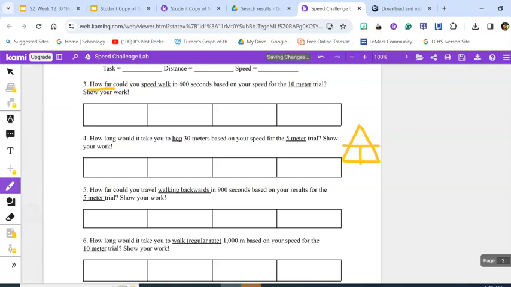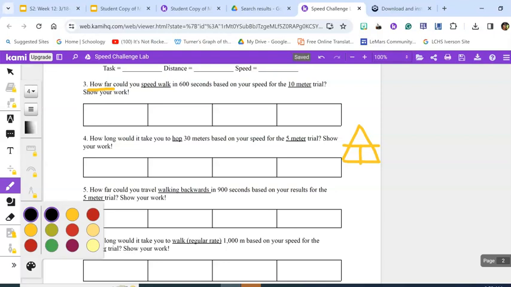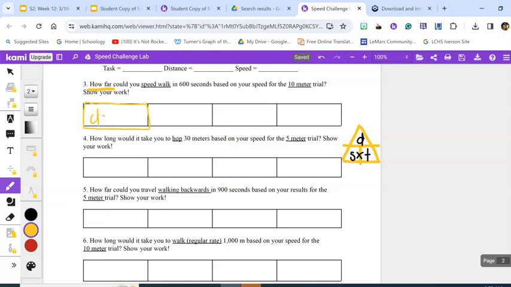And remember that distance is on top and speed times time. This first column right here, this is for the equation. So if they want to know how far, distance is equal to speed times time.